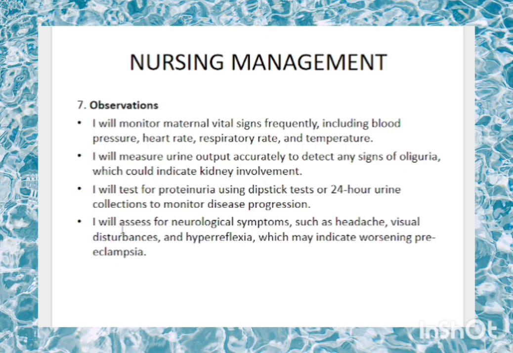So I will test for proteinuria using a diagnostic test we're calling urinalysis. I will perform urinalysis for proteinuria using dipstick tests on the 24 hours of urine sample which has been collected, so as to monitor the disease progression, to check whether the amount of protein contained in urine in 24 hours is increasing or decreasing.